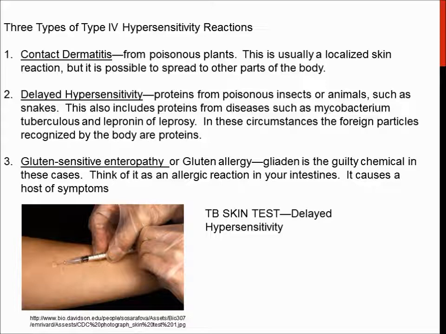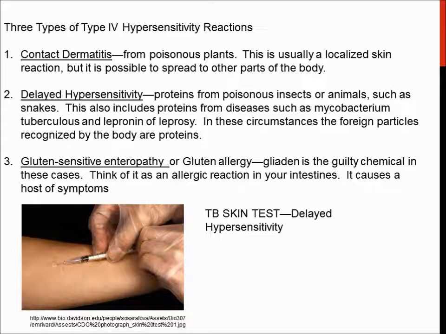In this type of reaction, proteins from poisonous insects or animals, such as snakes, are the antigens which cause the reactions. These also include proteins from diseases such as Mycobacterium tuberculosis and the lepromin antigen of leprosy. In these circumstances, the foreign particles recognized by the body are all proteins.